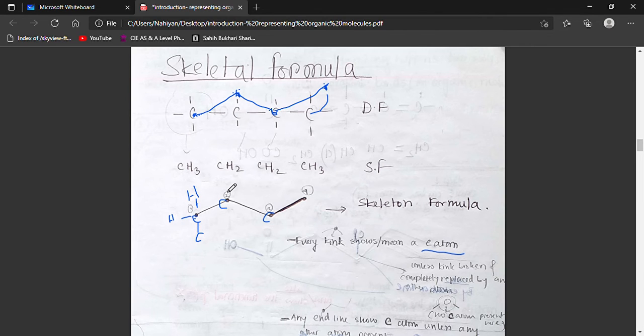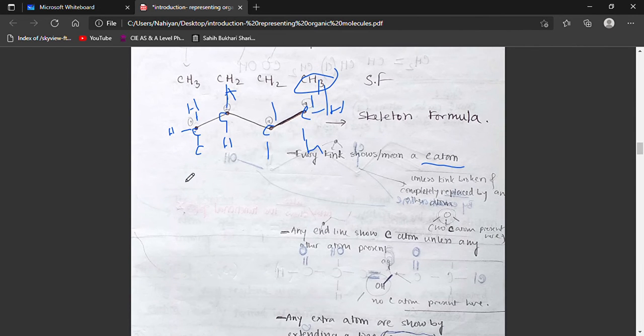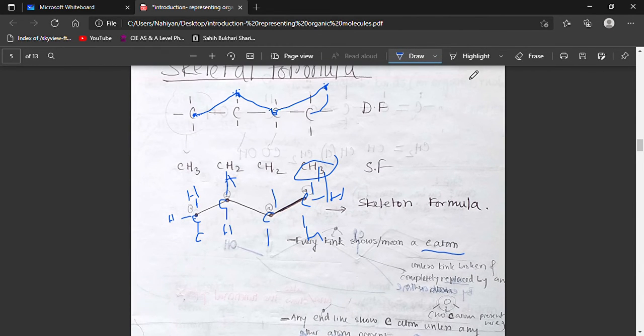It can have 2 more bonds, so CH2. Similarly, this is also CH2, and the last carbon here can again have 3 such bonds, so it's CH3 again. So it's a simplified way of representing the structural formula.